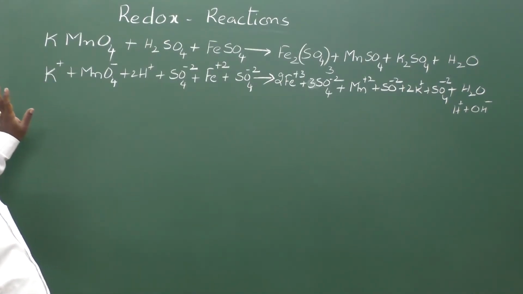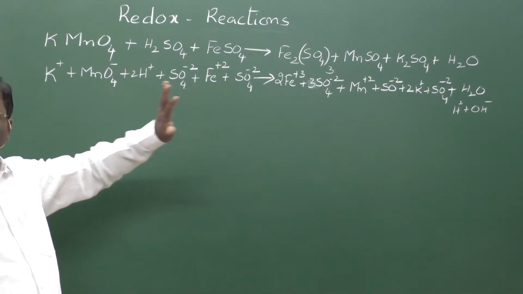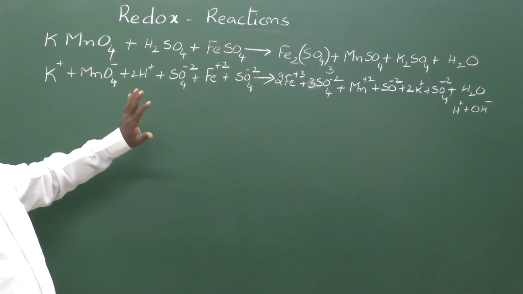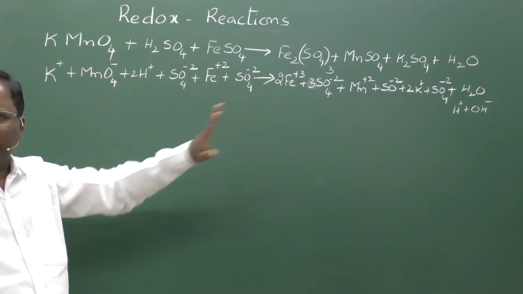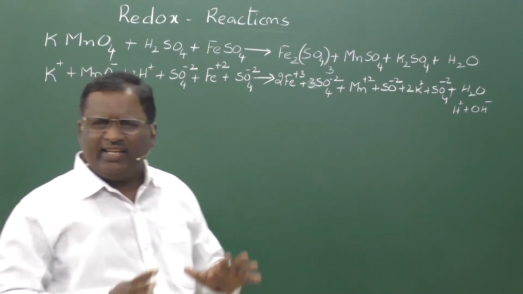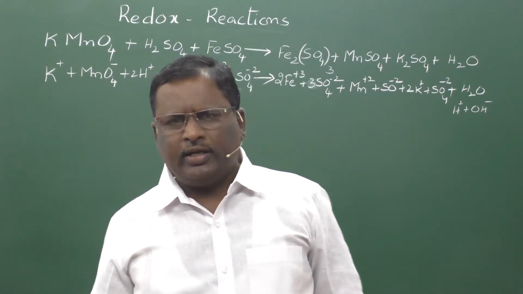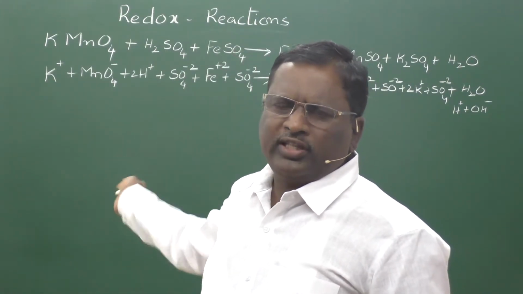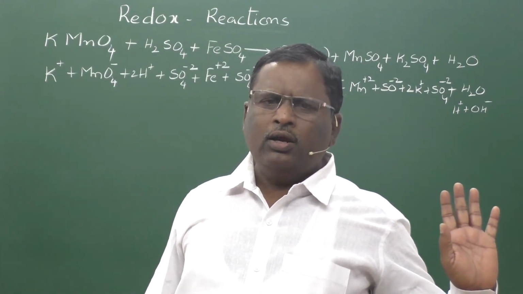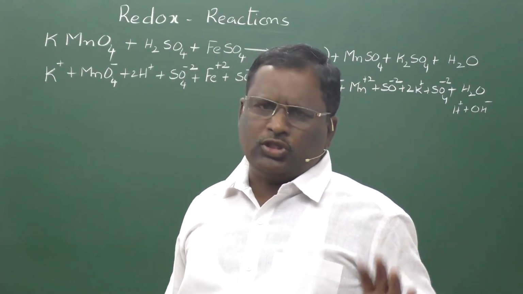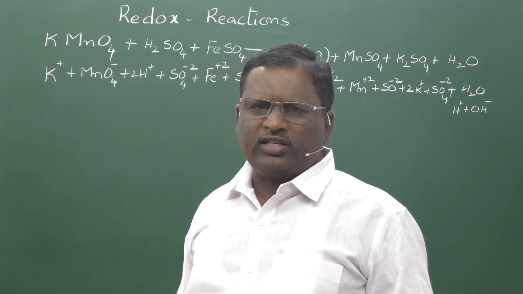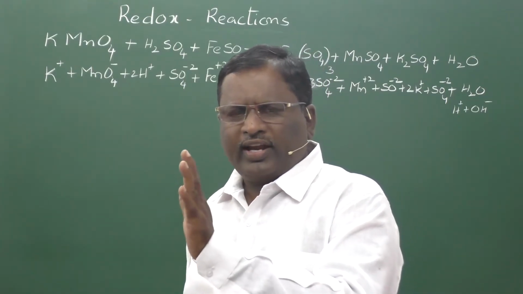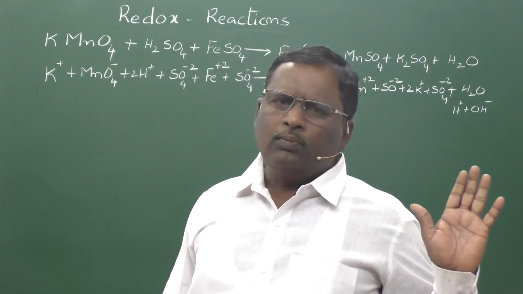Now, if you observe, some ions are common on the product side as well as on the reactant side. That means, without any change in their oxidation state, they appear on both the reactant side and the product side. First, let us observe such ions which have the same oxidation state on both sides.